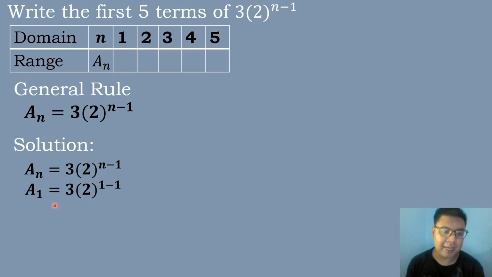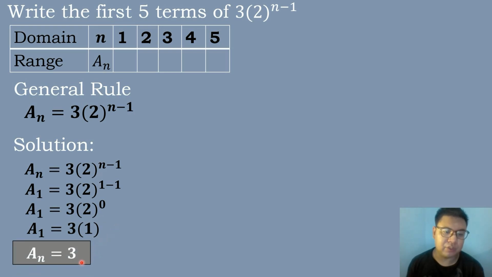So a sub 1 is equal to 3 times 2 raised to 1 minus 1 power. 1 minus 1 is equal to 0, and 2 to the 0 power is equal to 1. Any number raised to 0 is equal to 1. Then 3 times 1 is equal to 3. So the value of the first term is equal to 3.